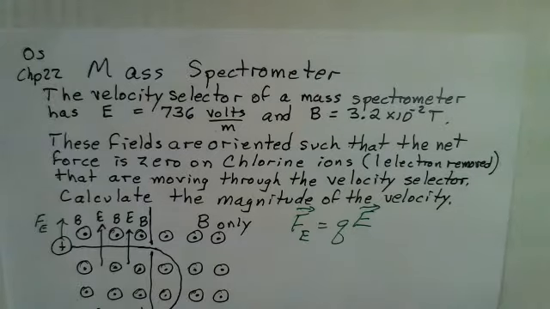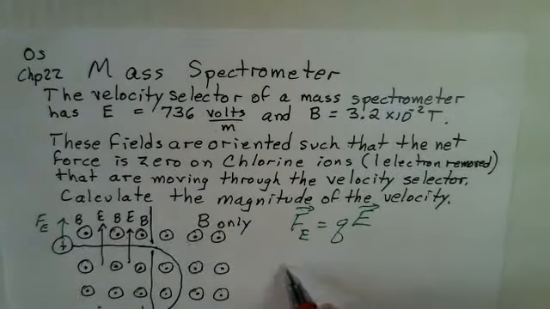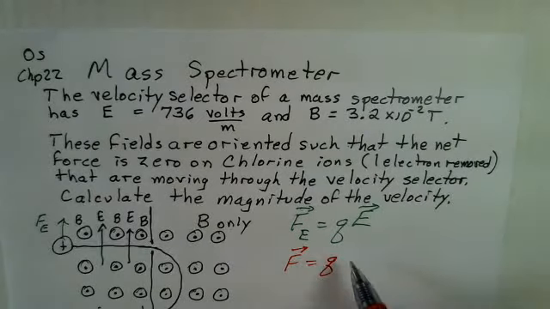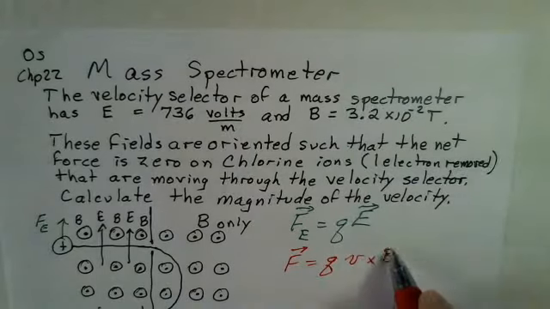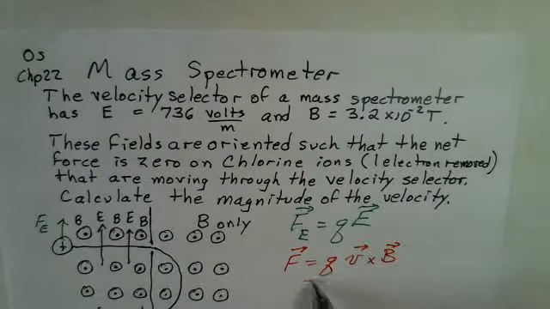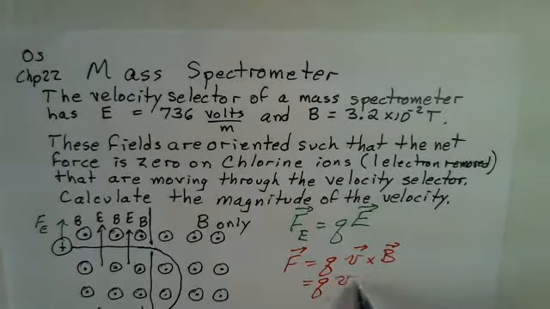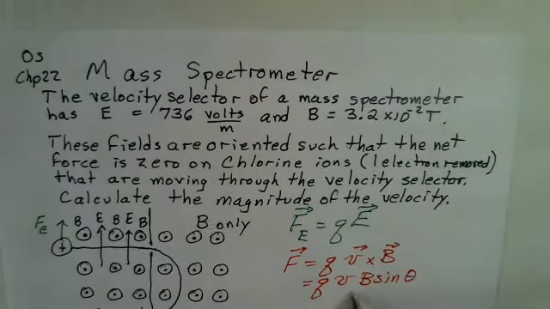For the magnetic force, of course, it's a little bit more complicated. The force is Q velocity, with a vector cross product with B, and that simplifies to Q V B sine theta for the size of the force.